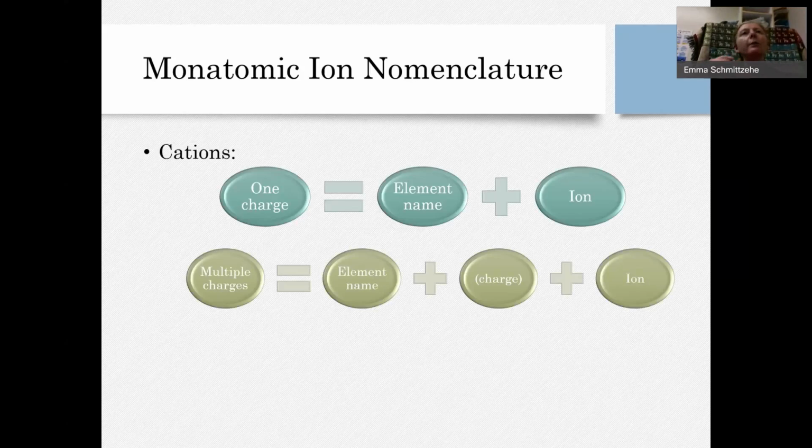Okay, so you have this neutral atom, and some neutral atoms favor giving up a certain number of electrons, meaning if they give up that certain number of electrons, they only form one specific charge.